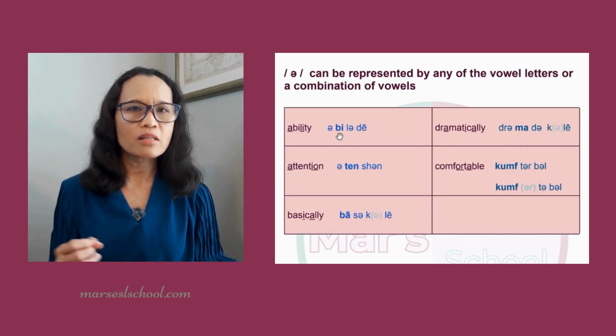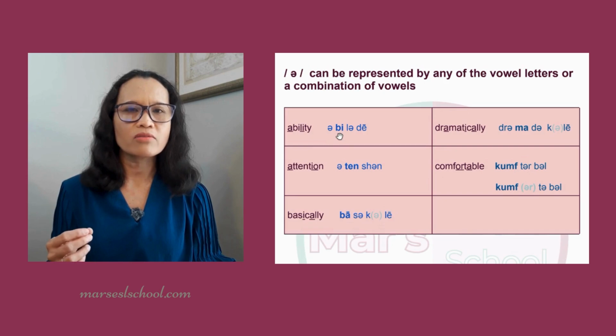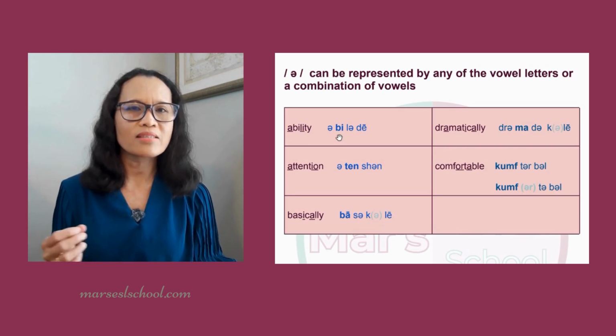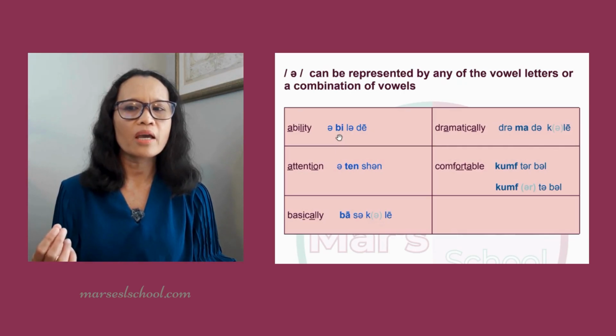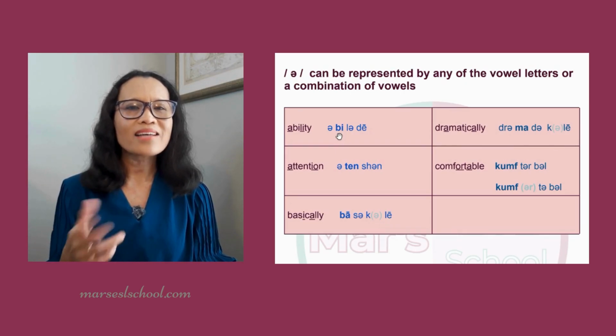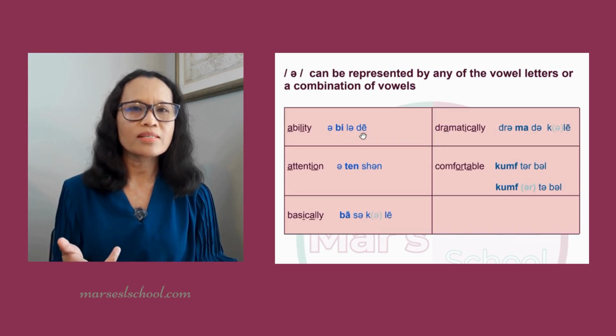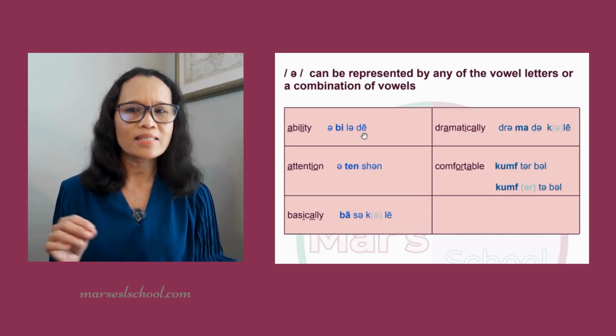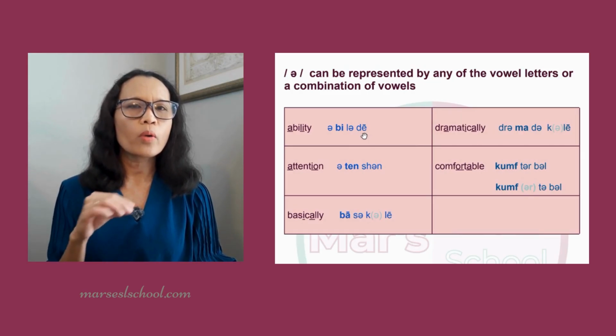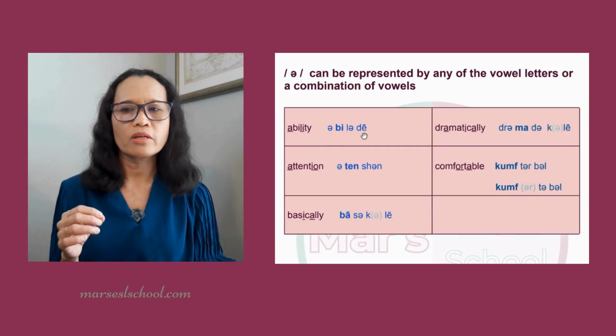The second syllable has a real vowel sound. That's our stressed syllable. It has a short I sound, bi. The last syllable has a real vowel sound. It has a long E sound, but it's also reduced, so it's said a little bit quicker and a little bit quieter.